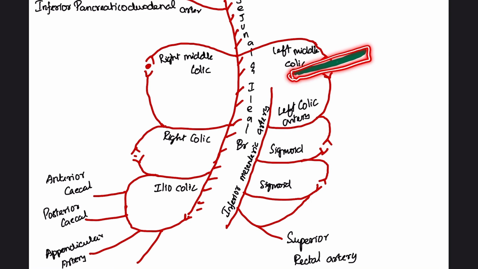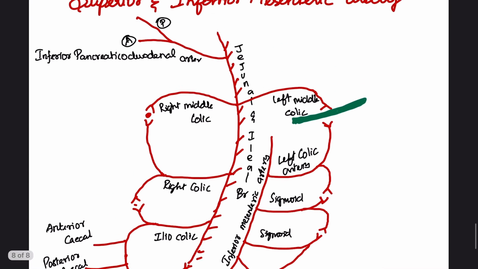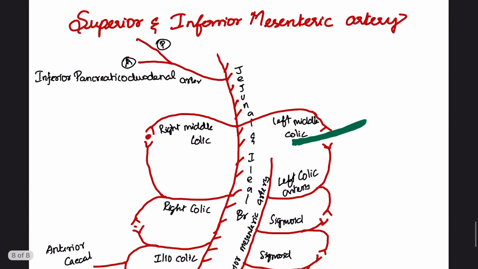The place in which the superior mesenteric artery and the inferior mesenteric artery anastomose with each other is called what? Splenic flexure. Next, these sigmoid arteries anastomose with each other. Okay. This is the superior and the inferior mesenteric artery.